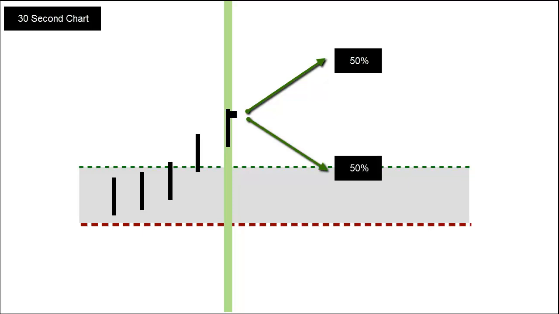The other 50% of the time, we're going to see price from that point pull back to the top of the range.